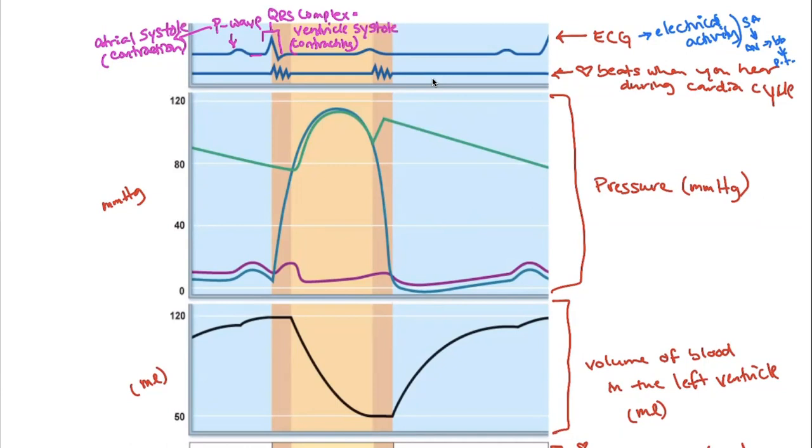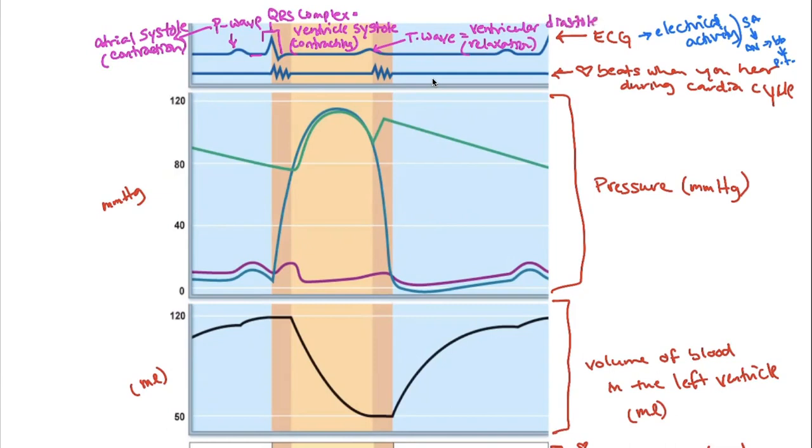And then finally, we have this last wave right here, and that is your T wave. That is equivalent to ventricular relaxation, or another way to say that is diastole.